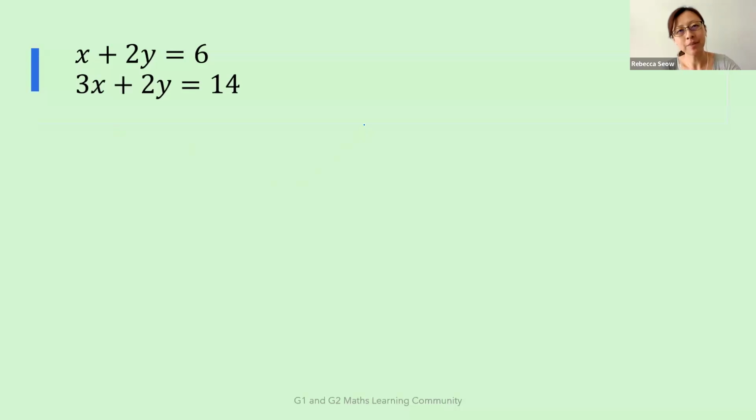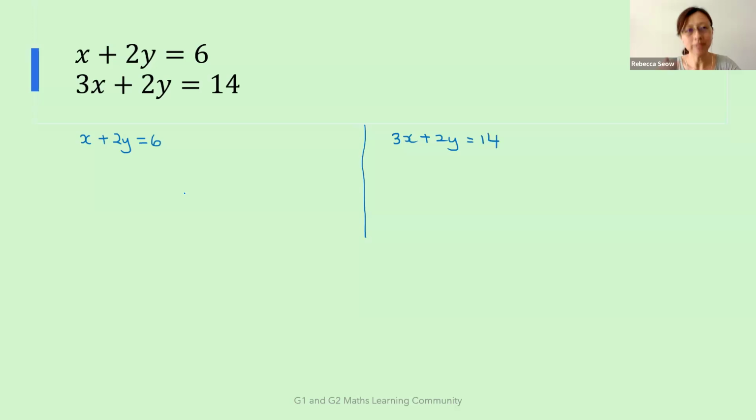First step, remember, we want to divide the working space into two columns. First column on the left, I am going to put down the first equation. So I'm going to put down x plus 2y equals to 6. And the second equation goes onto the top right-hand corner. 3x plus 2y equals to 14.